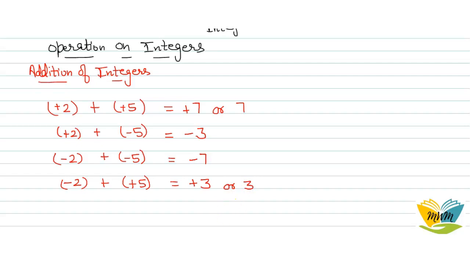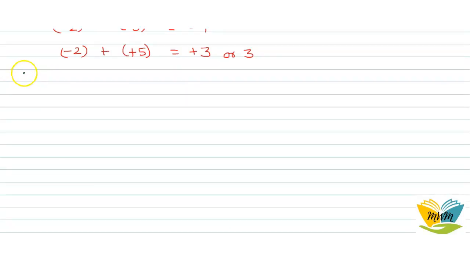I want to explain this by giving some more examples. Suppose, for example, we want to add +275 and +130. Now, both the numbers are of positive symbol, plus and plus. Plus and plus means we will add these two numbers because both of them have the same symbol.